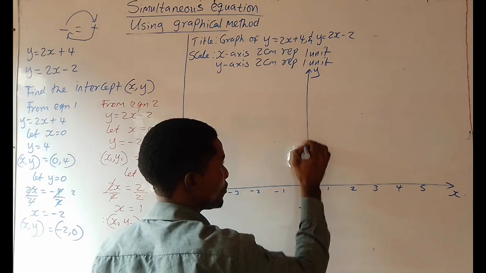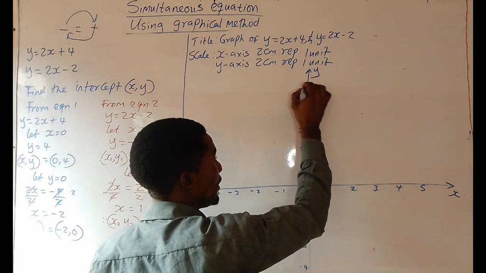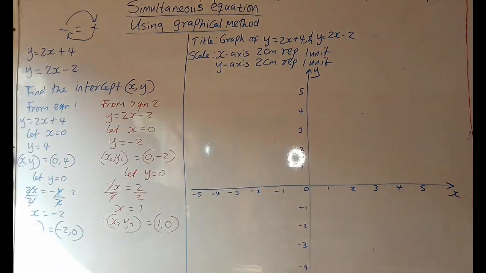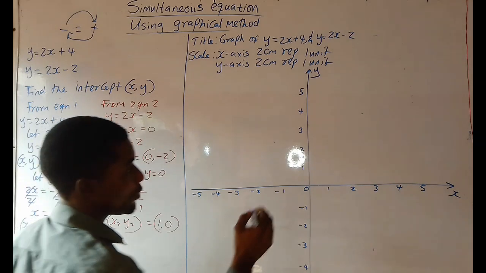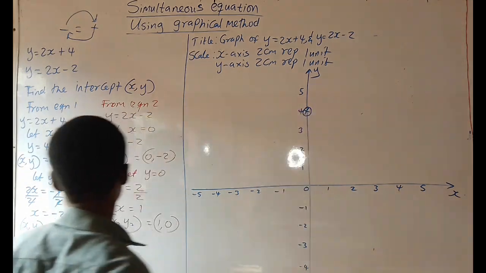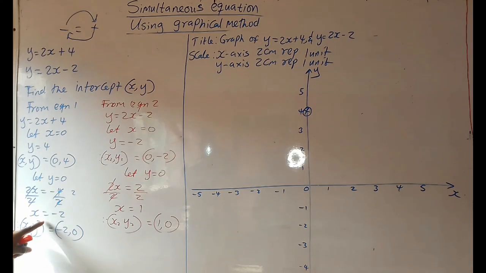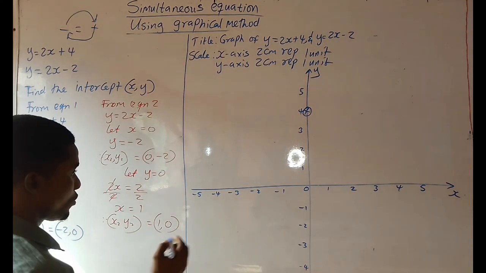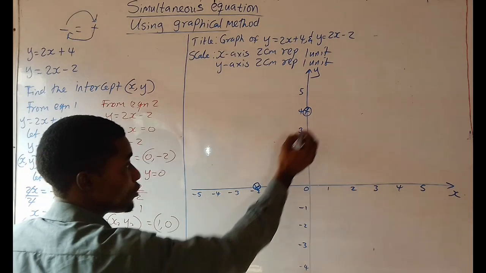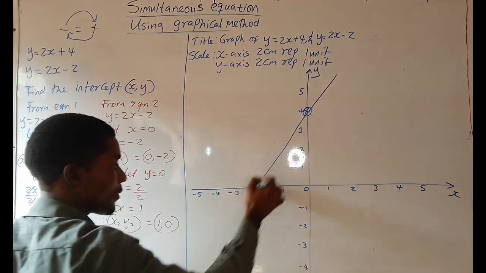Now, let's represent our equation on the graph. When x equals 0, my y will be 4. This is our y. When y equals 0, my x equals minus 2. So let's join the line together.